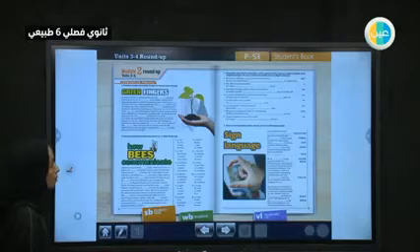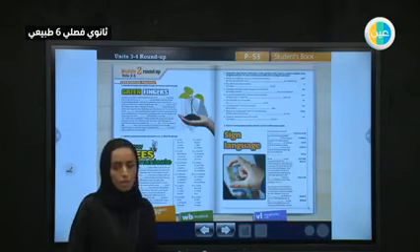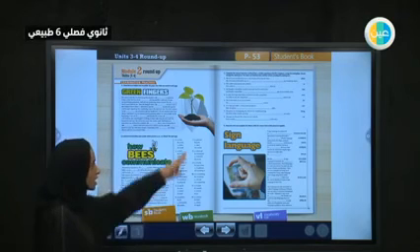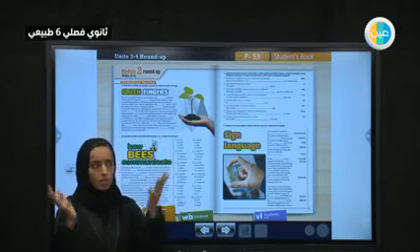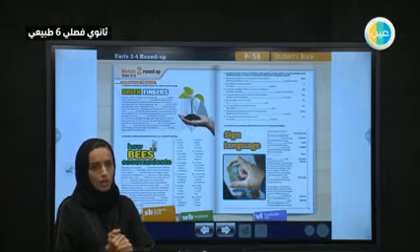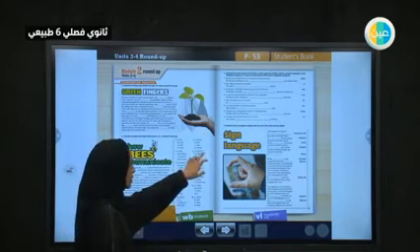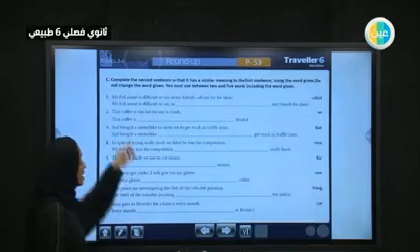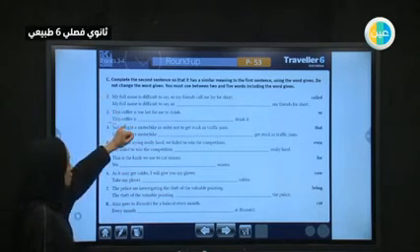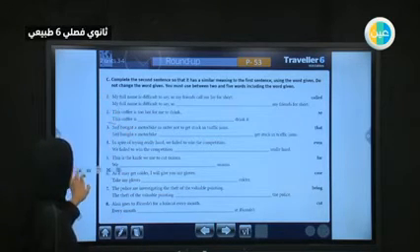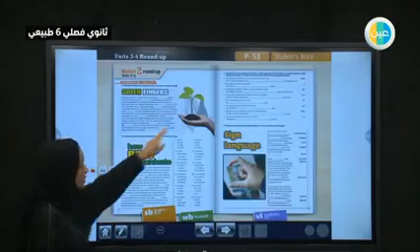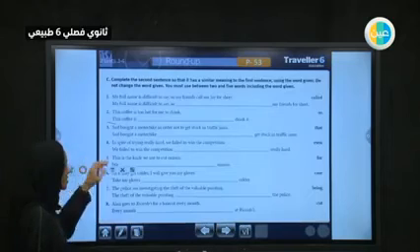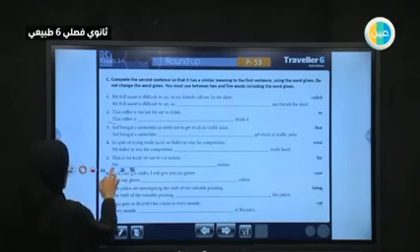Now the roundup page, which is on page 53, we have here an exercise which is going to cover the whole ideas together. We will put things together. So open your books on page 53, the exercise on the top here, exercise C. Let's start.